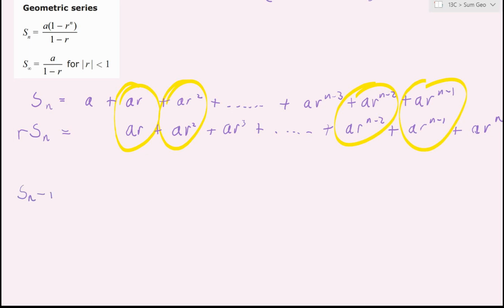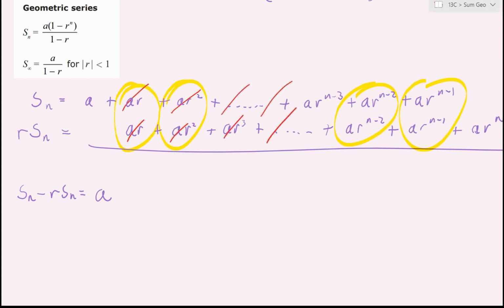So if I do Sn minus r Sn, so basically doing the top line minus the bottom line, a has nothing to cancel it, so that stays by itself. The 2 ars went away, the 2 ar squareds went away, there'll be 2 ar cubes. Everything else will cancel out, except for this last term as well. Again, there was nothing to cancel out the ar to the n.